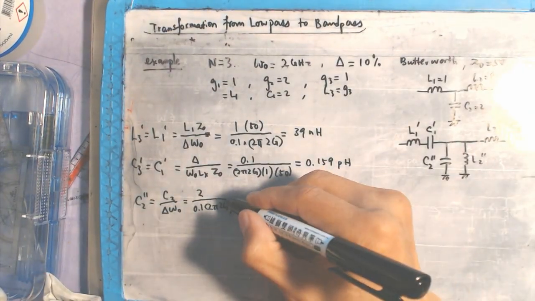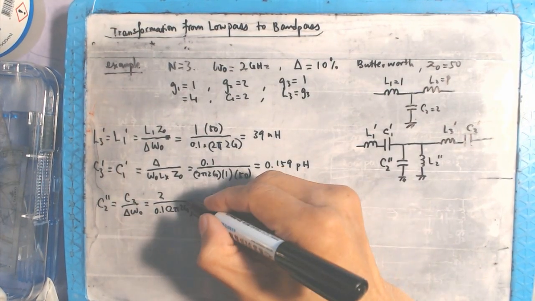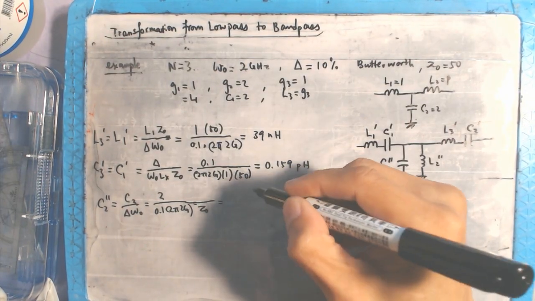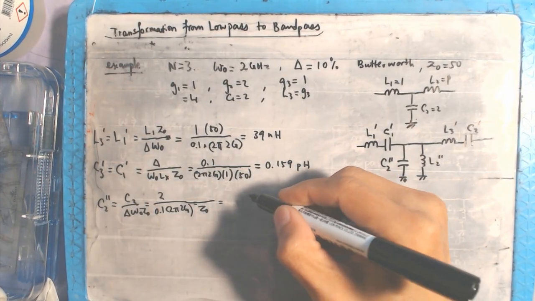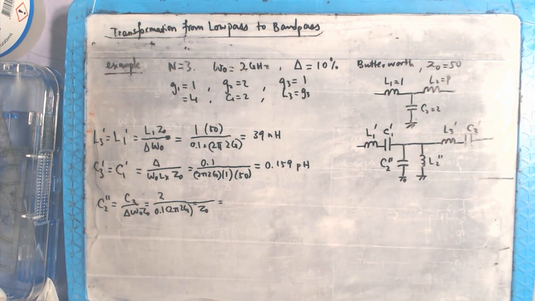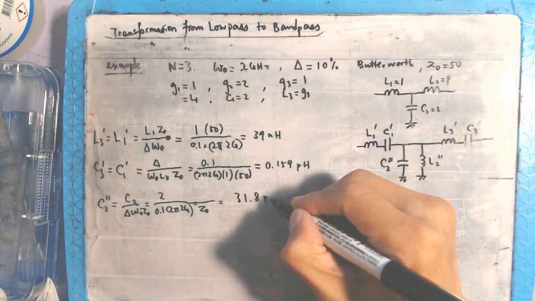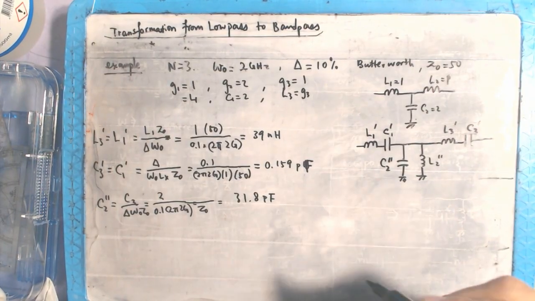I hope you can see the whiteboard. So you need to divide it by 50. So if you do it carefully, according to my calculation, you get 31.8 pico farad. Yeah, sorry, this should be F. And then L2 double prime.